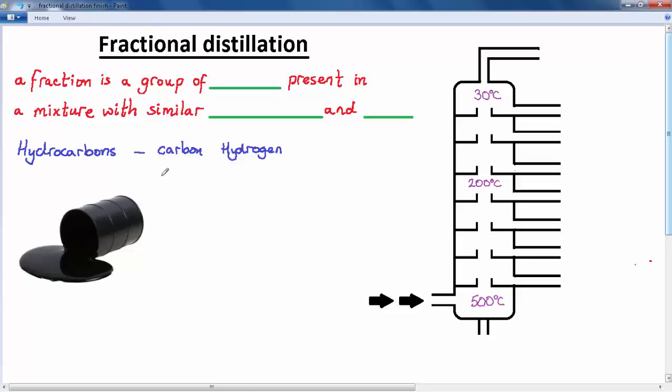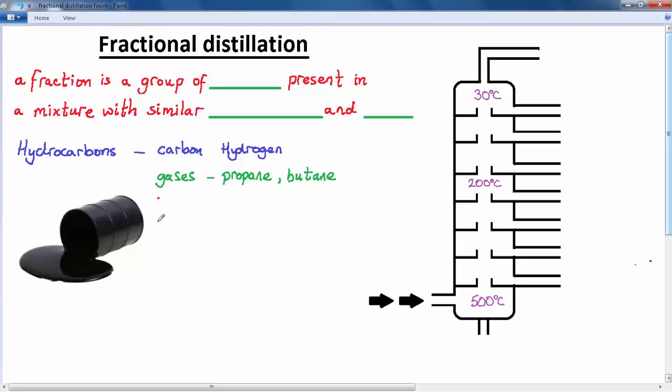And these can consist of gases, which are molecules with the shortest chains. For example, propane is present in crude oil, and butane, where propane is a chain of 3 carbon atoms and butane is a chain of 4 carbon atoms.